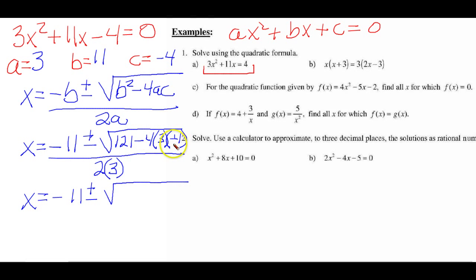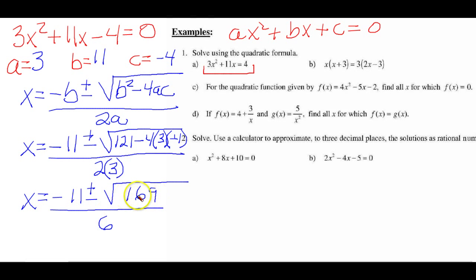Now when we multiply this, this is a negative 4, looks a little funny. Negative 4 times negative 4 is a positive 16. Times 3 is 48. So when I add this together, 169, all over 6.